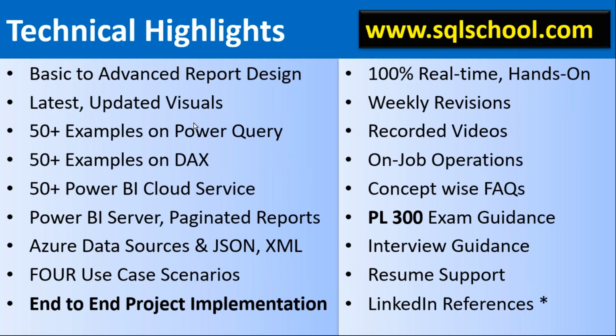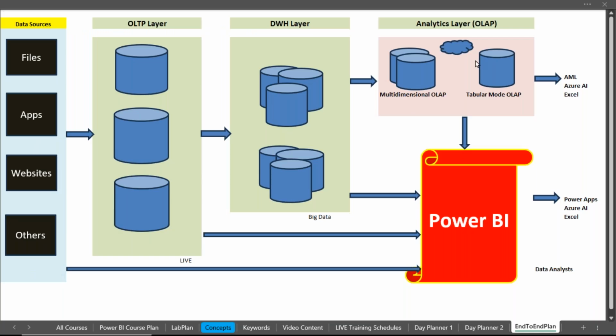Our Power BI involves, I said 6 plus 1, 7 tools. I said, what are those 7 tools? Why we need it? Let's understand carefully. This is our end-to-end plan. Power BI is at the reporting layer, and we need Power Query to bring the data and format it.